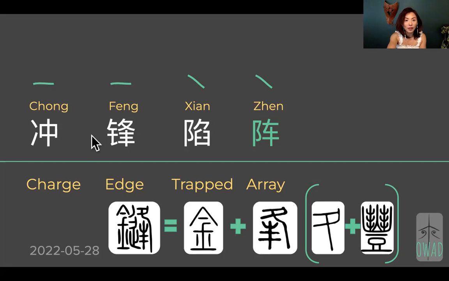Okay, 冲 and 陷 are two action words, and 锋 and 阵 are two nouns describing the placement or positioning of the army side. So 冲 is what's describing the action of your side, whoever the phrase 冲锋陷阵 is used on.